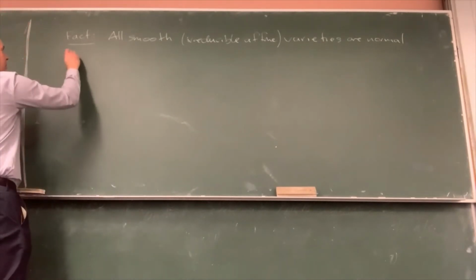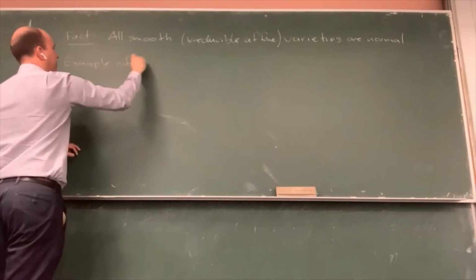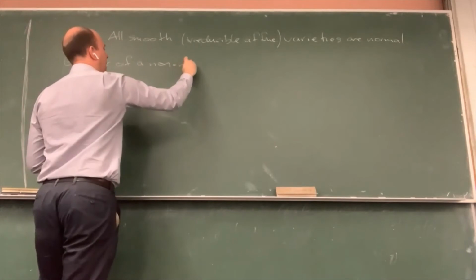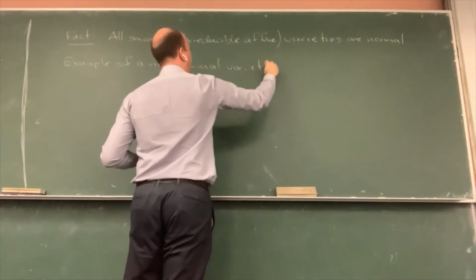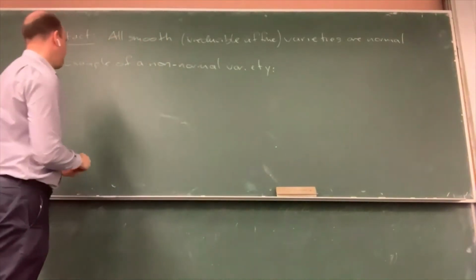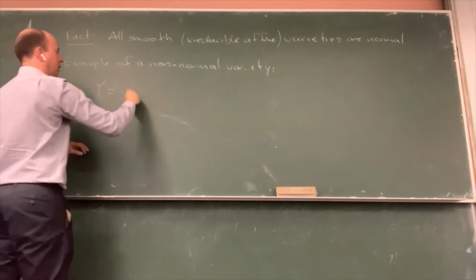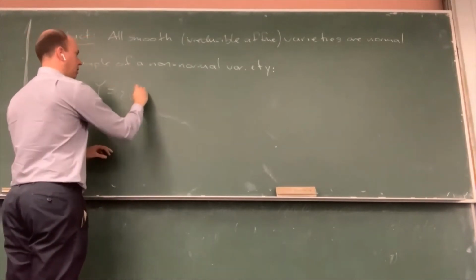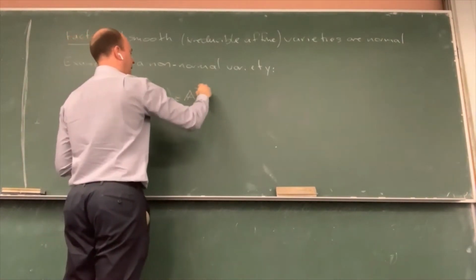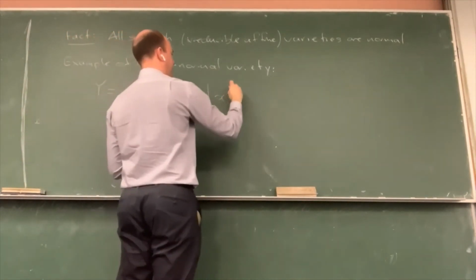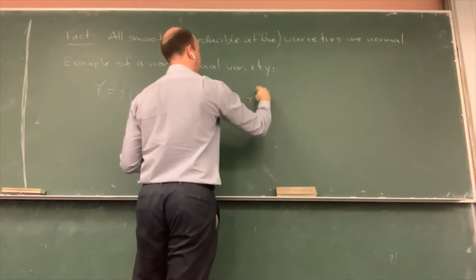The classic example of a non-normal singularity would be the cusp singularity Y, say x1, x2 in A^2, such that x1 cubed equals x2 squared.